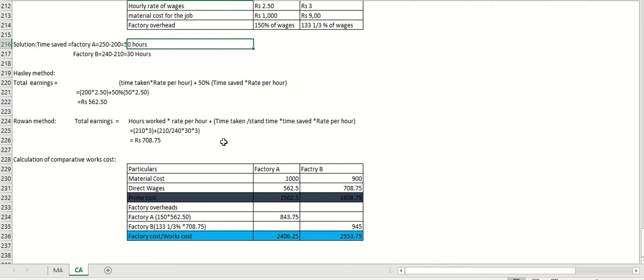So this is how you're supposed to prepare our comparative works cost in order to calculate the works cost or factory cost. Thank you.